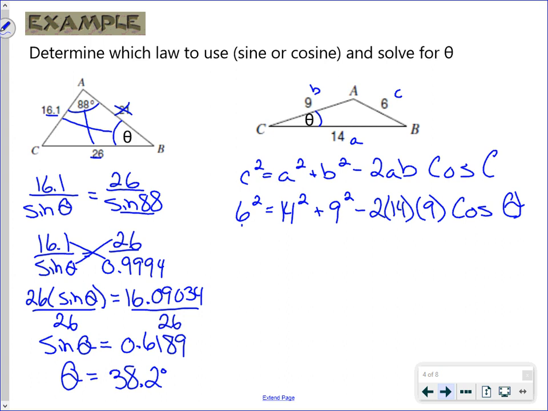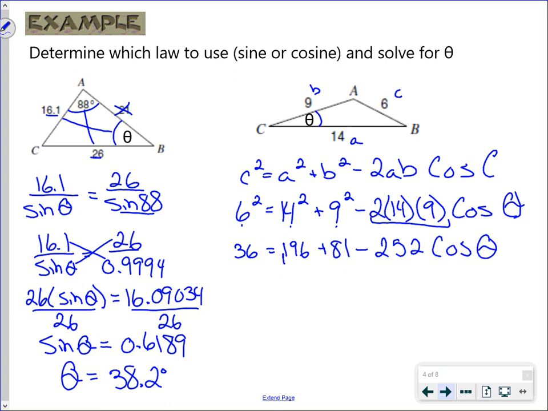So now we want to square our 3 values, and then we're going to multiply our 2 by 14 by 9. So when we do that, 6 squared is 6 times 6, so we get 36. 14 squared is 196, and 9 squared is 81. We're going to subtract 2 times 14 times 9, and that value is 252 times the cosine of theta.